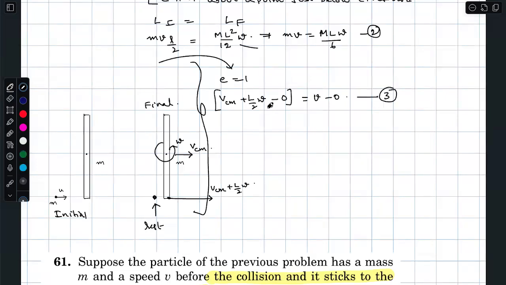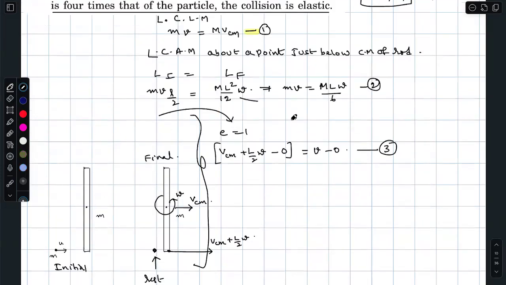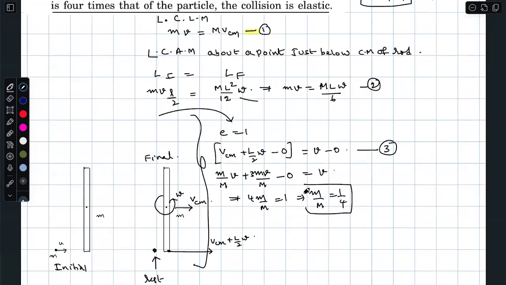Now you have three equations. So solve these three equations, or else draw the data from equation 1 and equation 2 and post it in equation 3. For example, VCM can be written as m by capital M v plus L omega by 2 can be written as 3mv by capital M, minus 0 is v, which clearly implies 4 small m by capital M is 1, or small m by capital M is 1 by 4.